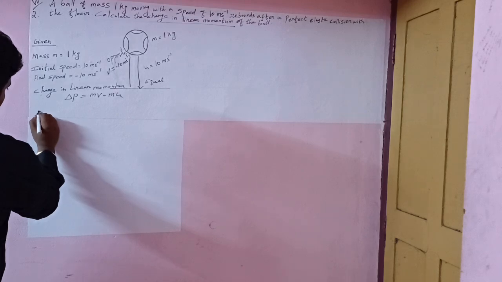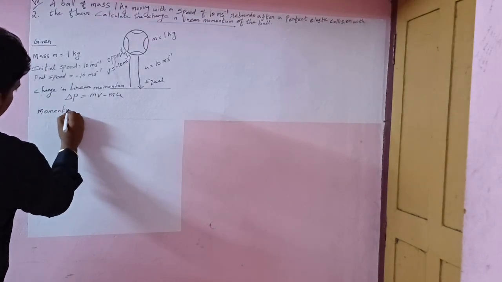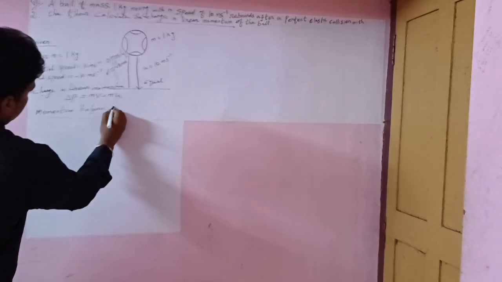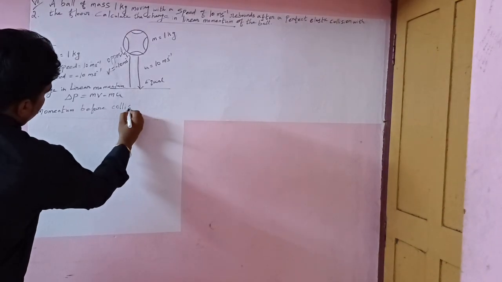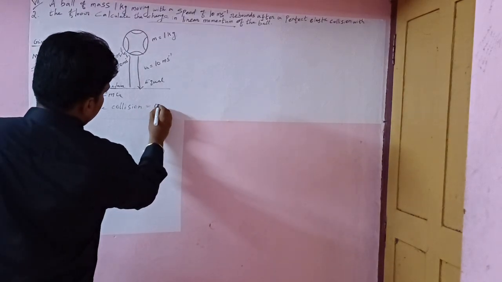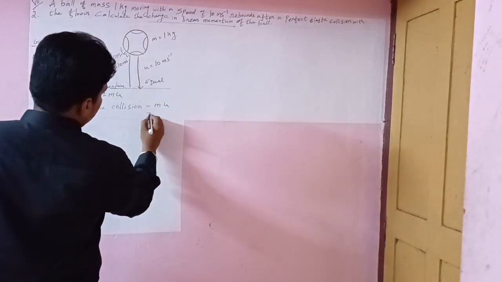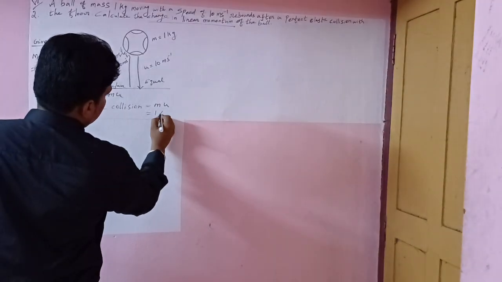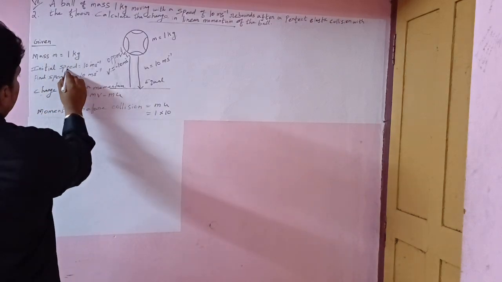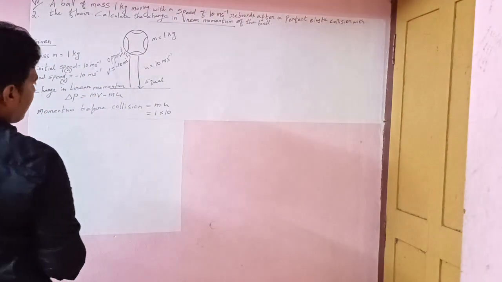Momentum before collision is m into u. What is the m value? m equals 1, into the u value, 10, because the initial speed is u and the final speed is v.